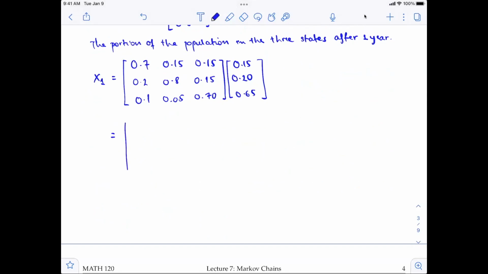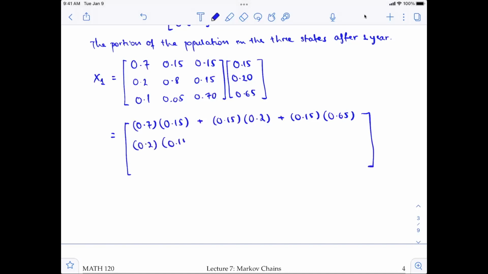Right, so the first entry is going to be 0.7 times 0.15 plus 0.15 times 0.2 plus 0.15 times 0.65. And the second entry is 0.2 times 0.15 plus 0.8 times 0.2 plus 0.15 times 0.65.